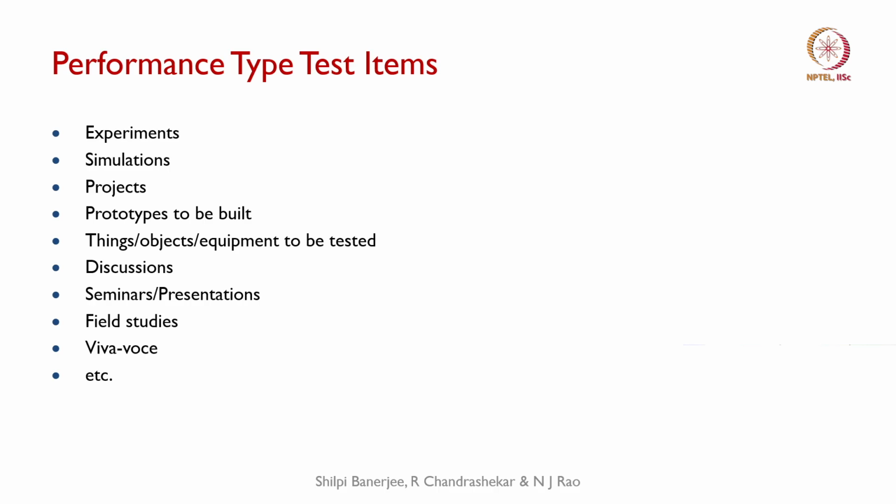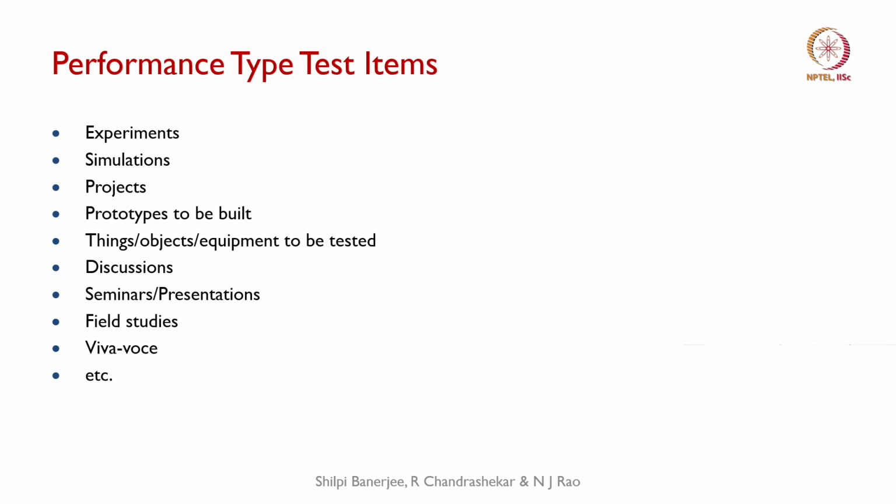Then when you are simulating something, it involves certain assumptions, choice of parameters, and so on, whether you are finally simulating to get the required response from a system. Then your projects, obviously, a project can be done in endless number of ways. So, what is the quality of your execution of the project?